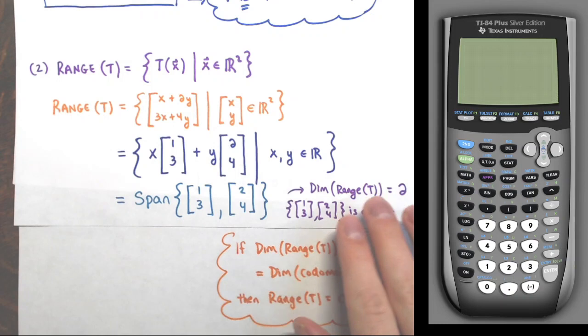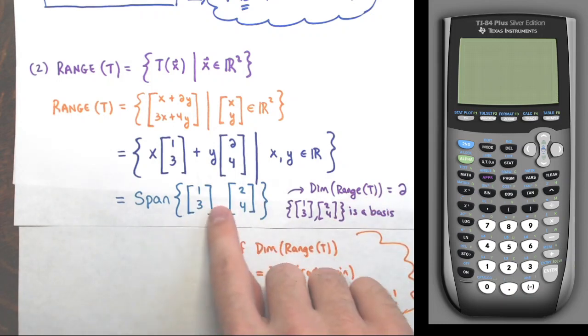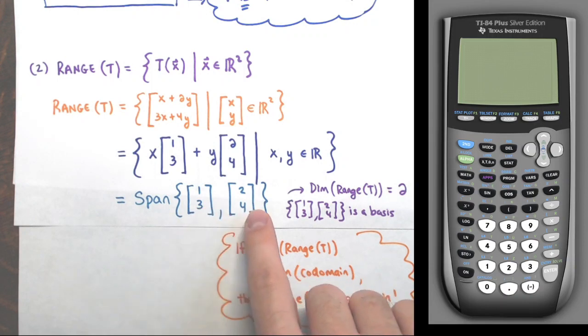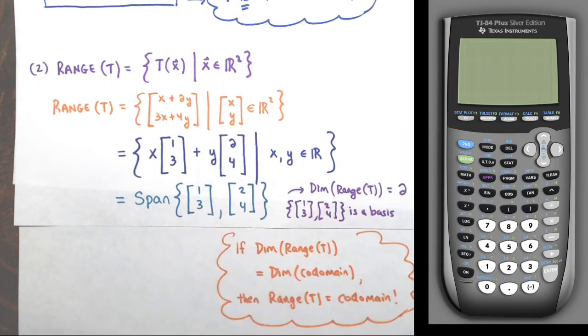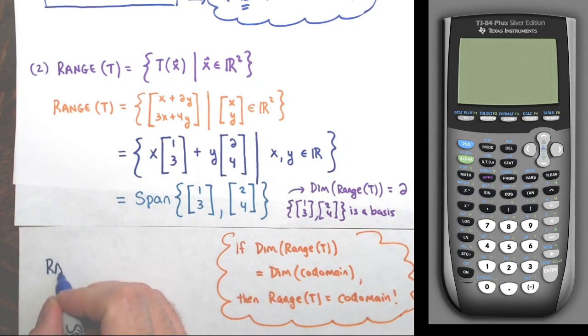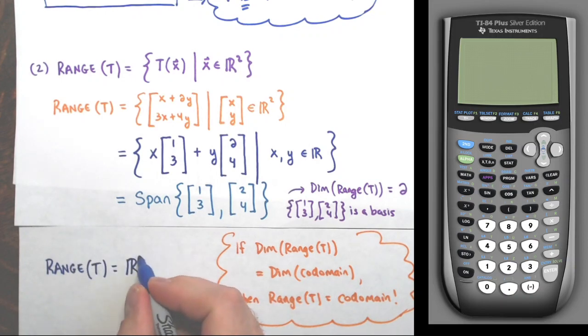So we're seeing here that this is R2, right? Every vector in R2 can be written as a linear combination. This would be a basis for R2 as well, right? Every vector in R2 would be able to be written as a linear combination of these two vectors, and these two vectors are independent. So yes, we are seeing that the range of this particular linear transformation is the codomain.